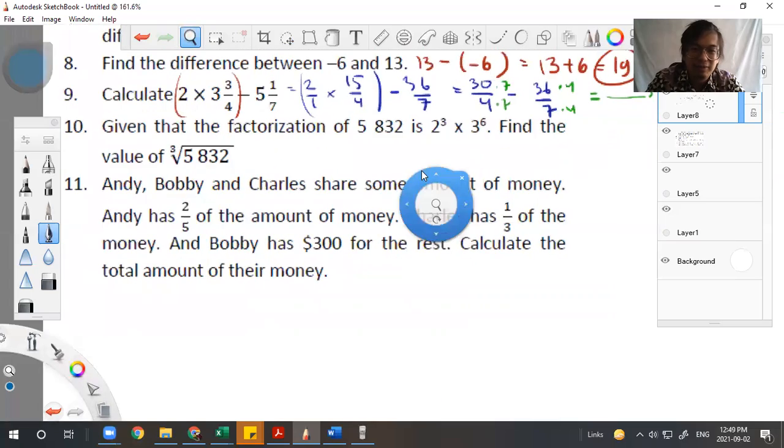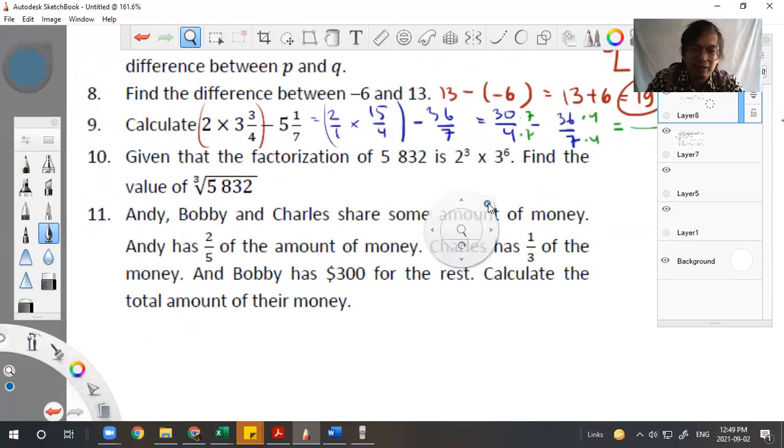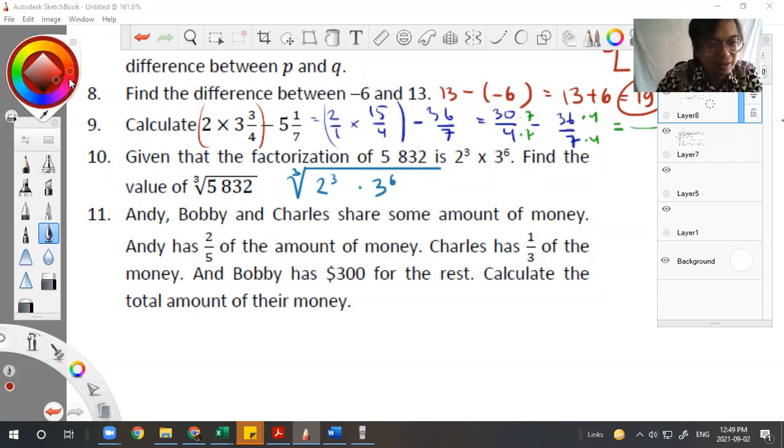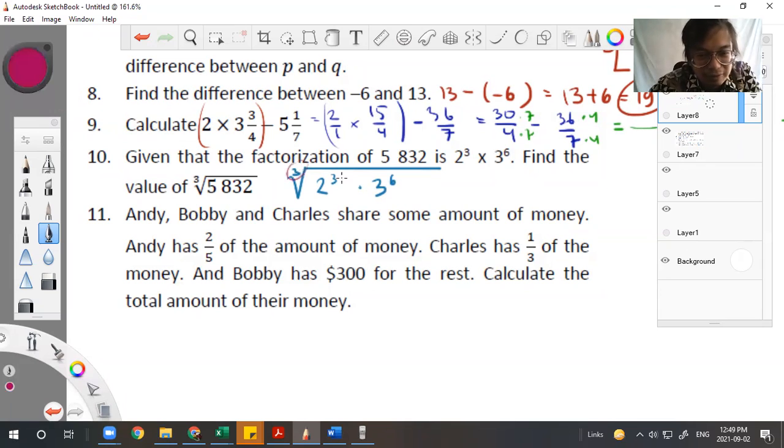And given that the prime factorization of 5,833 is 2 cubed times 3 power 6, find the value of this. So remember, you can just divide 2 power 3 by 3, right? Again, look at the power here, 3. So you divide by 3, so 2 power 3 divide by 3, and then times 6 power 6 divide by 3, right?